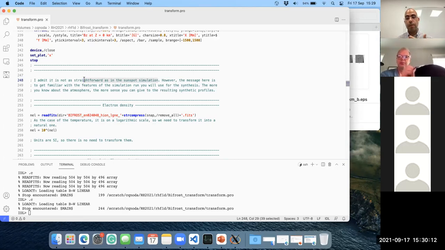That is important for the time you have synthetic profiles and you want to understand what they are. So if you have, for example, Stokes V signals, or Stokes Q and U signals, if you already have an idea of the magnetic field of a given region, then you can understand if you have the expected signals, depending on the magnetic configuration or the temperature.